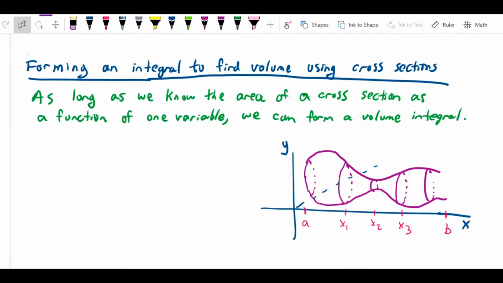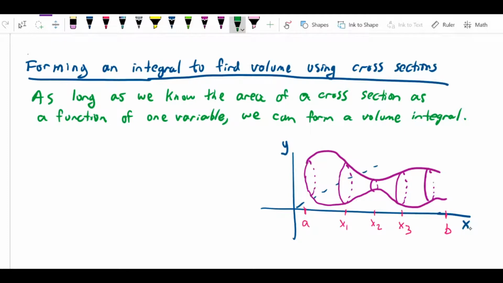To go from finding volumes of rectangular solids or cylinders to finding volumes of more general objects, what we want to be able to do is write the area of a cross section as a function of some variable. So consider the solid that you see in this drawing. Here, we clearly can't say that there's one cross section of the solid in the x direction.